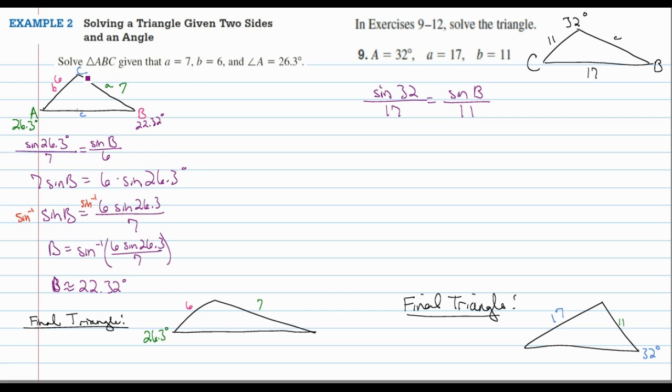Now I need angle C and side c. So I'm going to take 180 degrees minus the 26.3 I was given for angle A minus the 22.32 I just found for angle B, and that leaves me with 131.38 degrees for angle C.